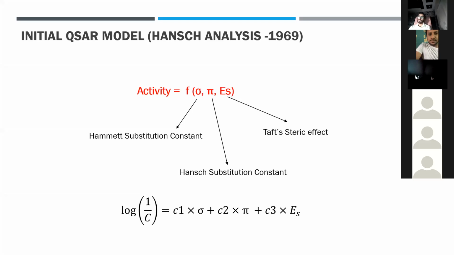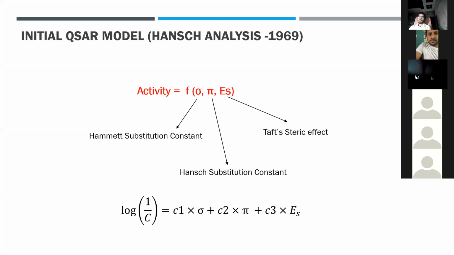Once you establish this relationship on a known data set, you can forget about the known data set, and whenever you encounter a new molecule, you need not do the experiment. You can just use this mathematical equation and find the activity. That is what QSAR is. This is the simplest one.